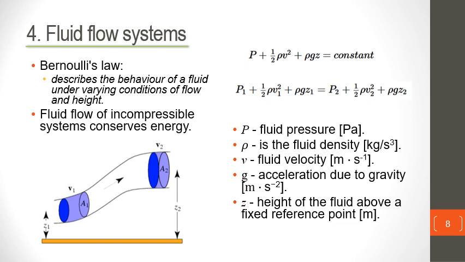Bernoulli's law describes the behavior of fluid under varying conditions of flow and height, and it comes from the observation that an incompressible fluid, which is generally what we'll look at, a fluid which cannot be significantly compressed, like water, conserves energy. So the flow of such a fluid conserves energy.